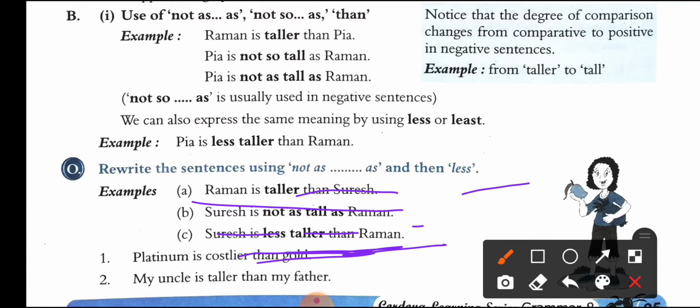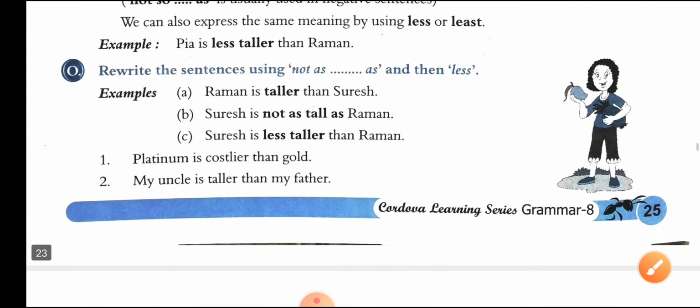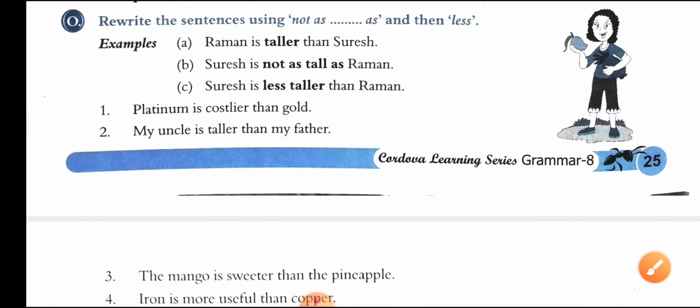So in both of the ways we have to do. Let's see the exercise. Platinum is costlier than gold. So what you will do? When you will change this with not as, so what is that? Gold is not as costly as platinum, right? And second is gold is less costlier than platinum.